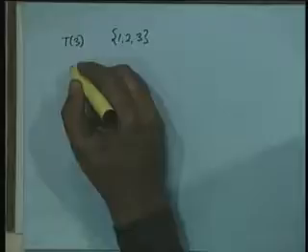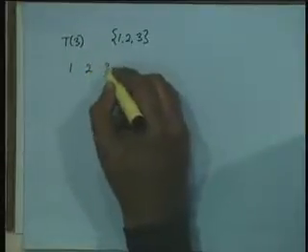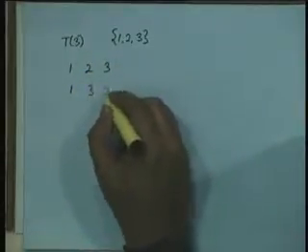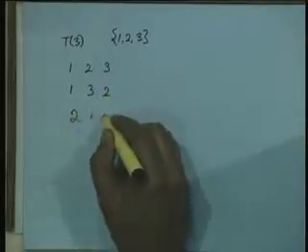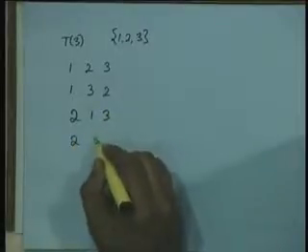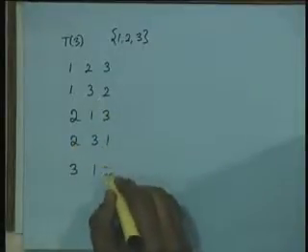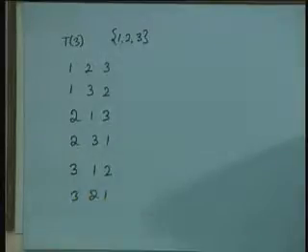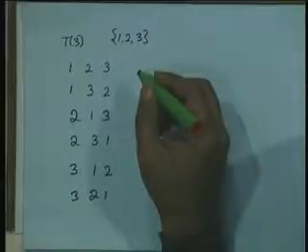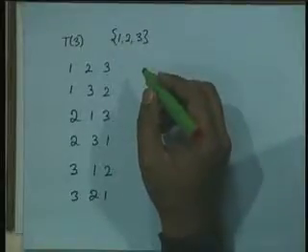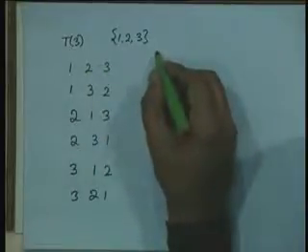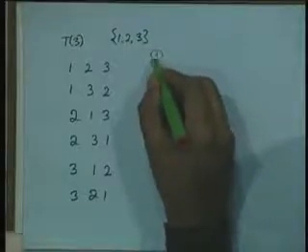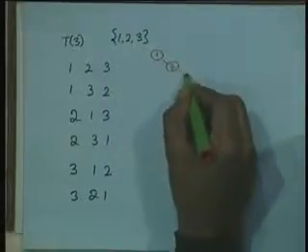We will have 6 different permutations: 1, 2, 3; 1, 3, 2; 2, 1, 3; 2, 3, 1; 3, 1, 2; 3, 2, 1. When we have the first permutation, what is the tree we would get if we were to insert the elements in this order? We would get a tree whose root is 1, 2 would come to the right and 3 would come after that.